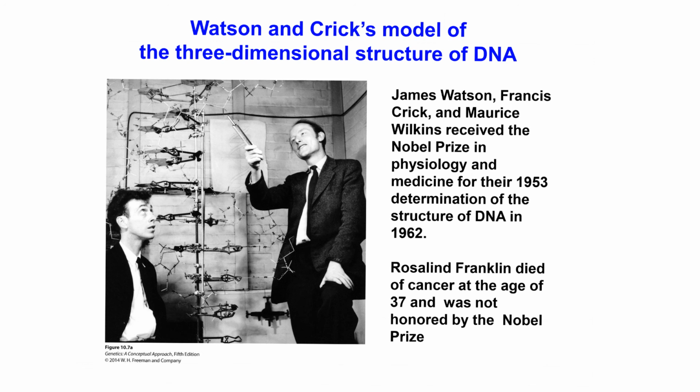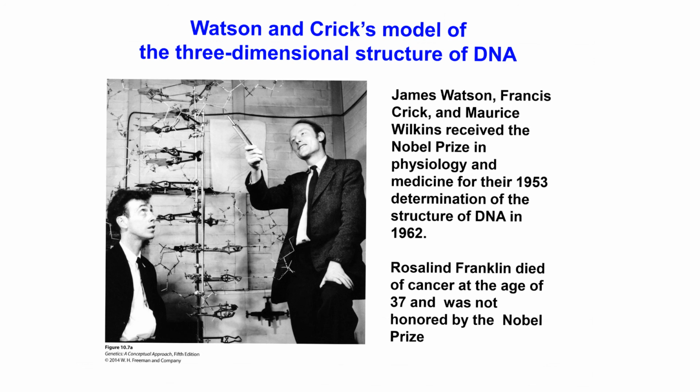This model was a double-stranded right-handed alpha helix with the phosphates and sugars on the outside and the bases in the interior. They published this model, their discovery, in 1953 in Nature, and this paper was very elegant, and this discovery was outlined as the most important discovery of the 20th century, and we have to agree with that.